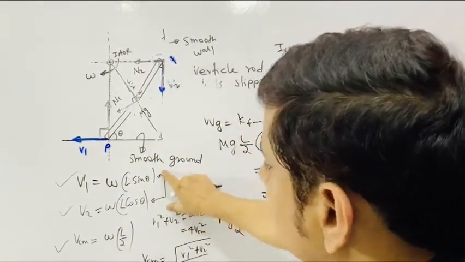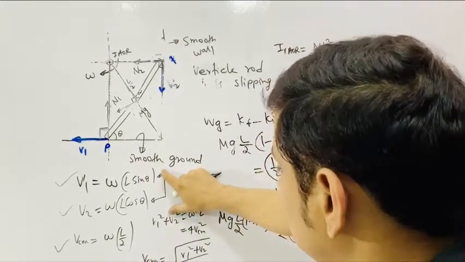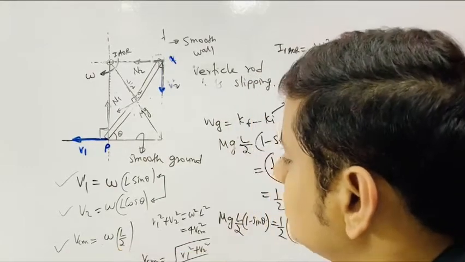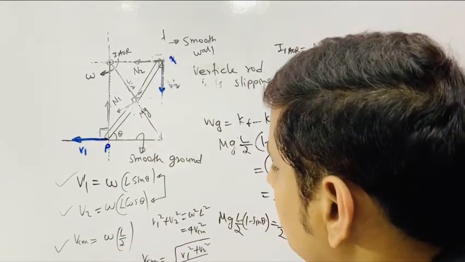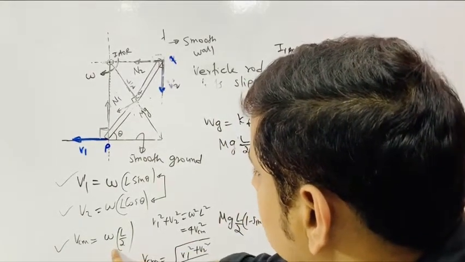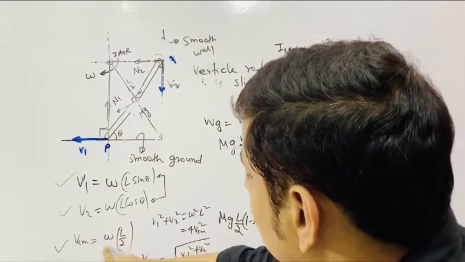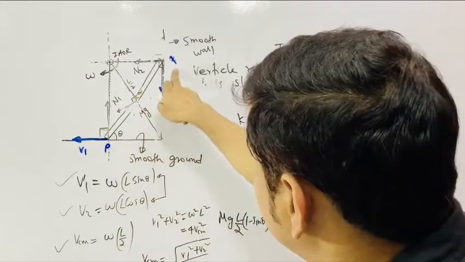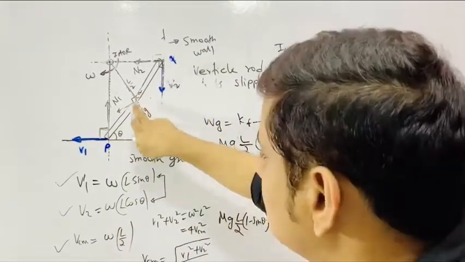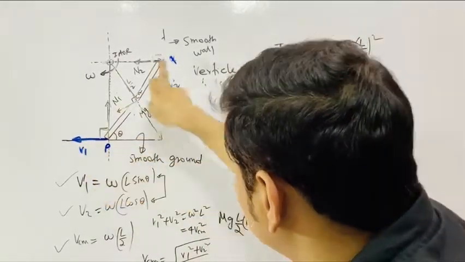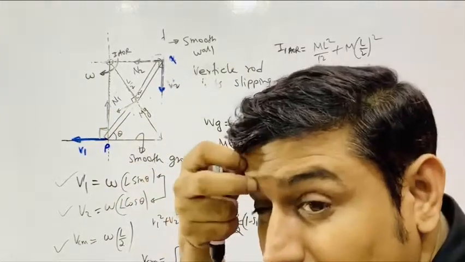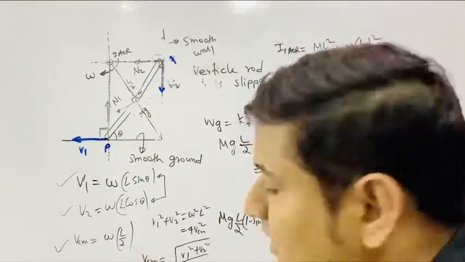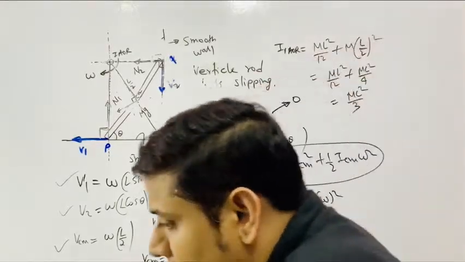If I square these two, I get V1 square plus V2 square is omega square L square, and omega square L square from here is equal to 4 VCM square. So out of V1, V2 and VCM, if I know any two, I can get the third. So this is the way I have done it.